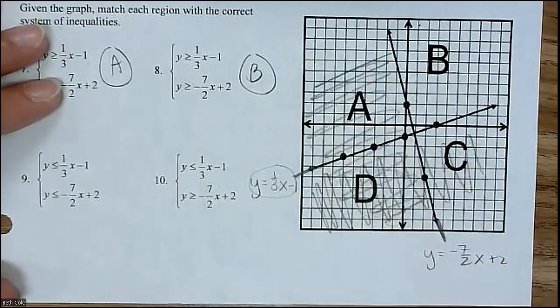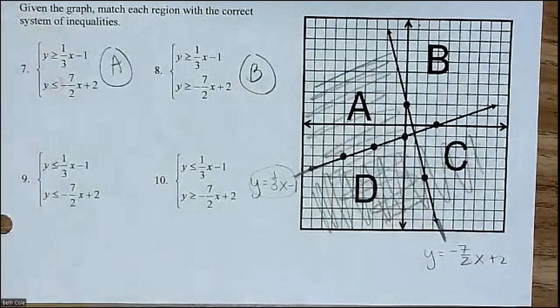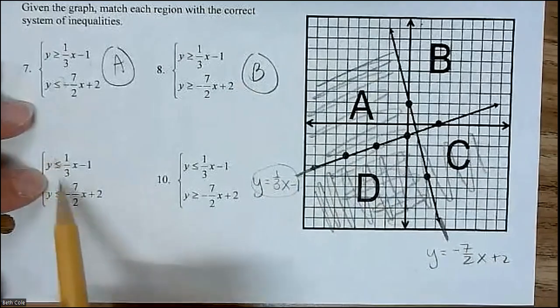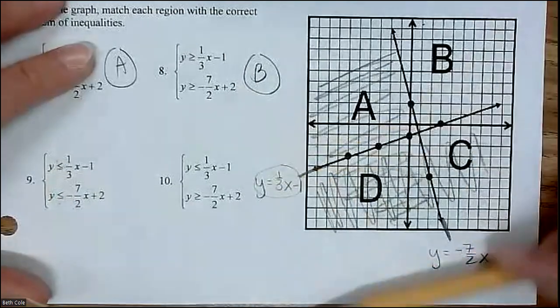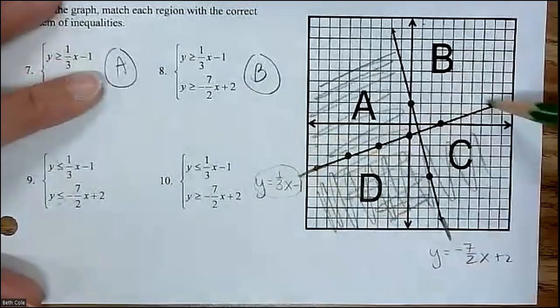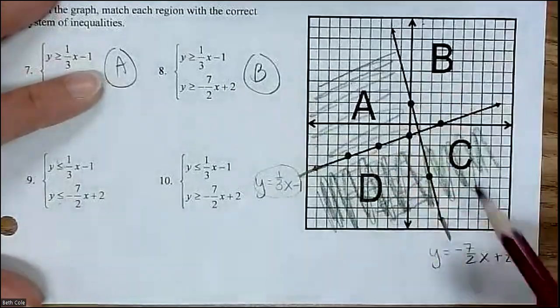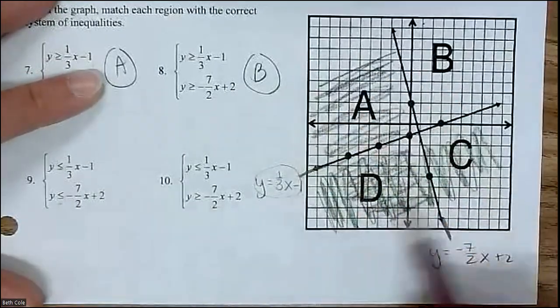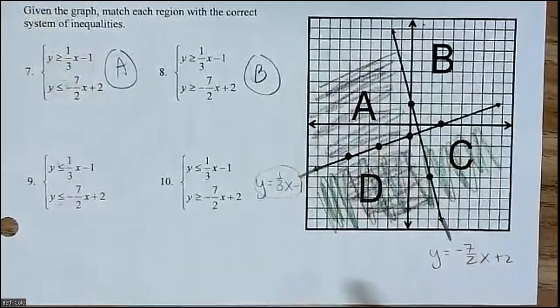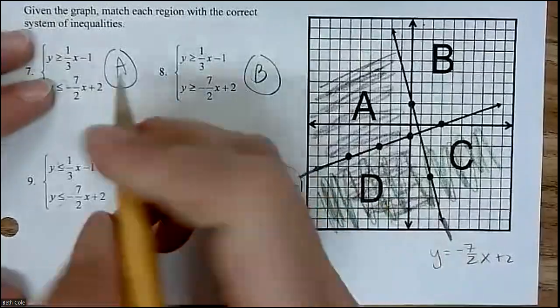Did you guys see that? I can't explain it better than, look, there it is. There's not another explanation. These both say less than. If you're less than this line here, I'll use the colors. If you're less than this line, that would be this. If you're less than this line, that would be this. Where's the overlap? Oh. D.